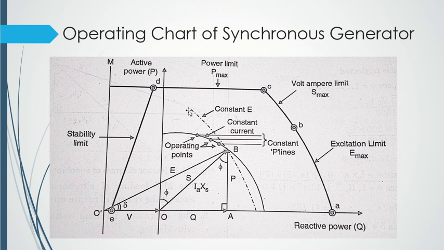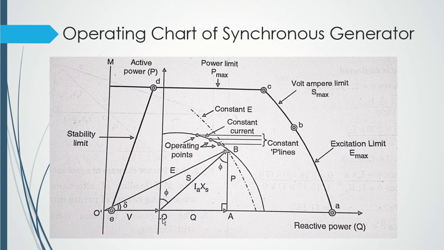So these were the different regions, and the complete operating zone of my alternator will be decided with this, right? It will go somewhere like this. We will have OA, then AB, BC, CD, DE, and again EO.